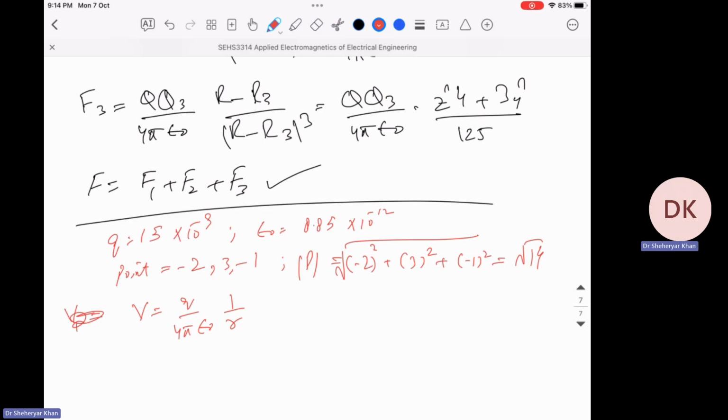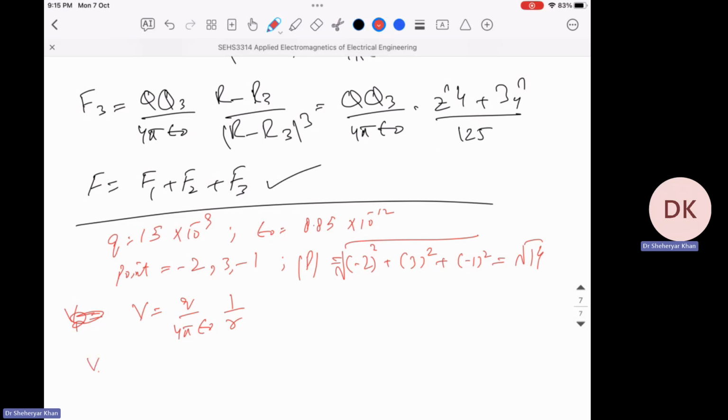Now the question says calculate V1 if P1 is located at this point and the voltage is zero at this other point. So actually there are 2 points, right? P1 is given, and for the second voltage the point is also given.